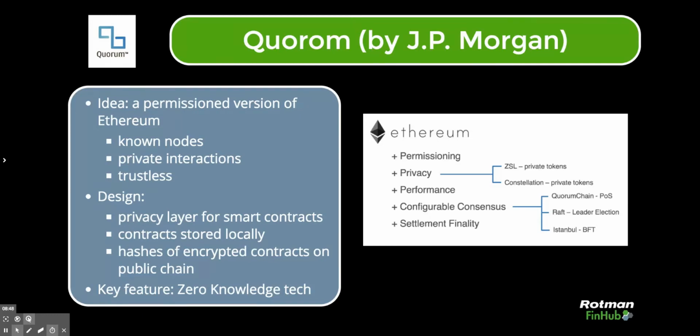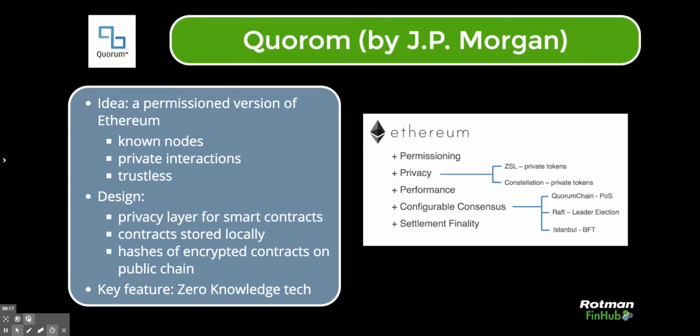And the important part is that there is a privacy layer for the smart contract. So the idea being that these contracts and the interaction of these contracts is based on zero-knowledge technology. So again, just like in the Raiden network, hashes of encrypted contracts will be stored on the public chain, and hashes of transactions will be recorded and finally settled on the public blockchain.